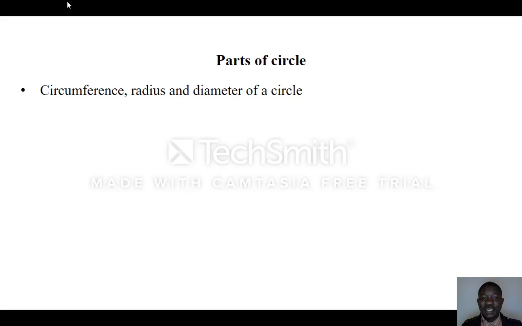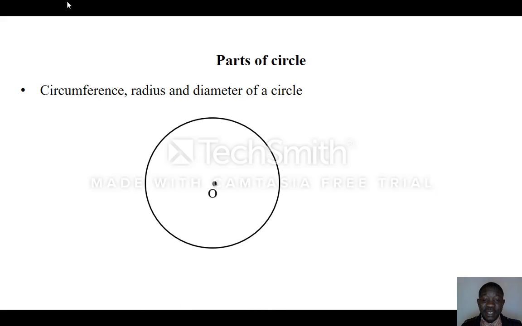Now let's look at parts of a circle. We are going to consider the circumference, radius, and diameter of a circle. If I have this to be my circle, I have the center of the circle O, then I have a point A. The distance between A and O we call the radius. Now I have another point B. The distance between O and B is also a radius. Therefore, we have OA equal to the radius, and OB equal to the radius.